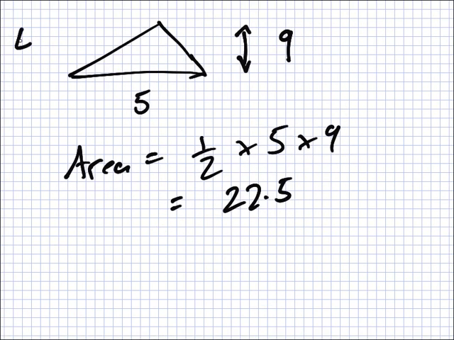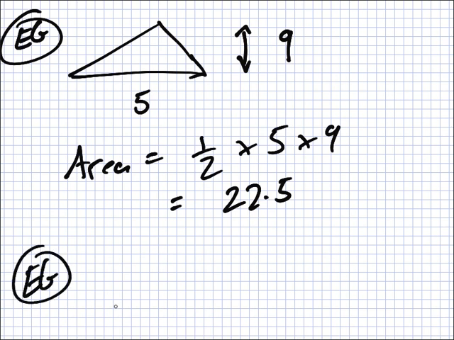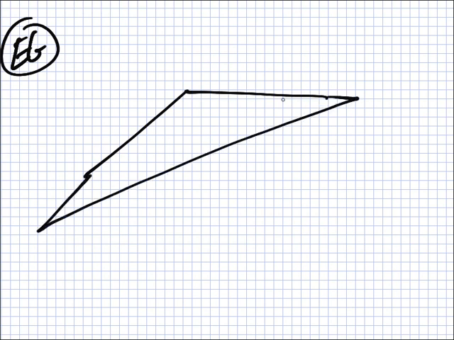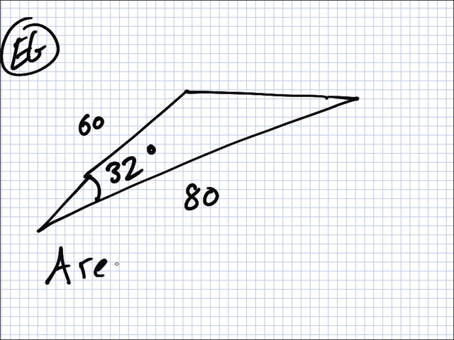Now let's make this one a little bit harder. Next example. So let's say this side is 60, and let's say this side is 80, and let's say this angle here is 32 degrees. What is the area for this triangle? It would equal what?